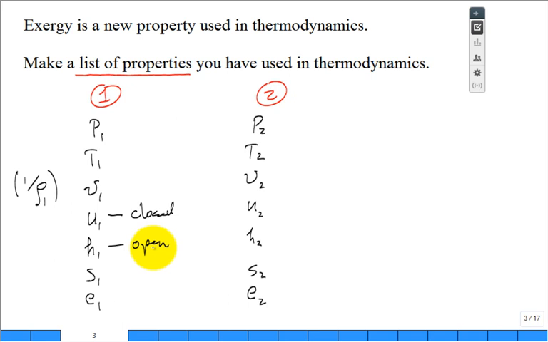It's really the flow work is included with U, and then it's H. So what is H? H is simply U plus PV. What is this PV term? The flow work term. And that's the correct term to account for the flow work when it's going across the boundary. All right, a little review of Thermo 1. But just like that, we're going to have a closed exergy on a per unit mass basis. And then we'll have EF1.